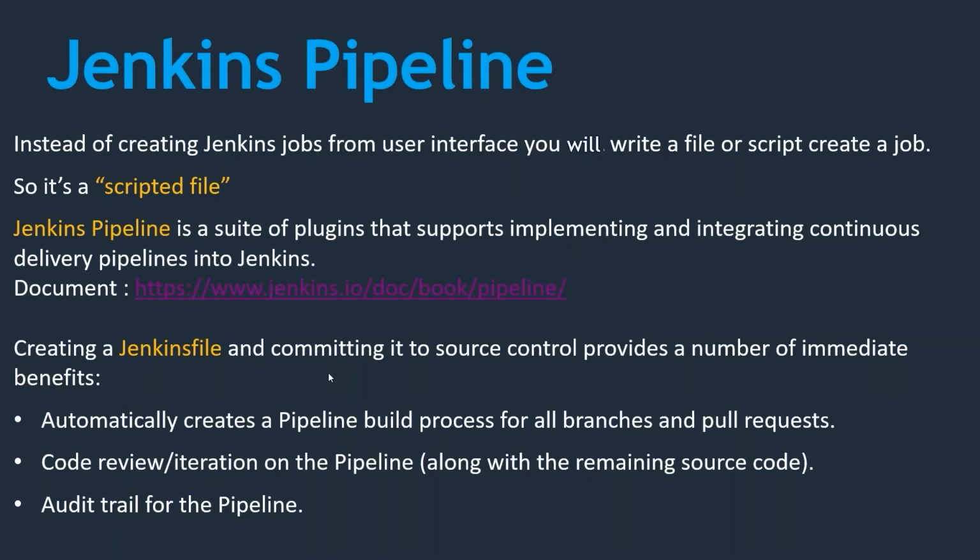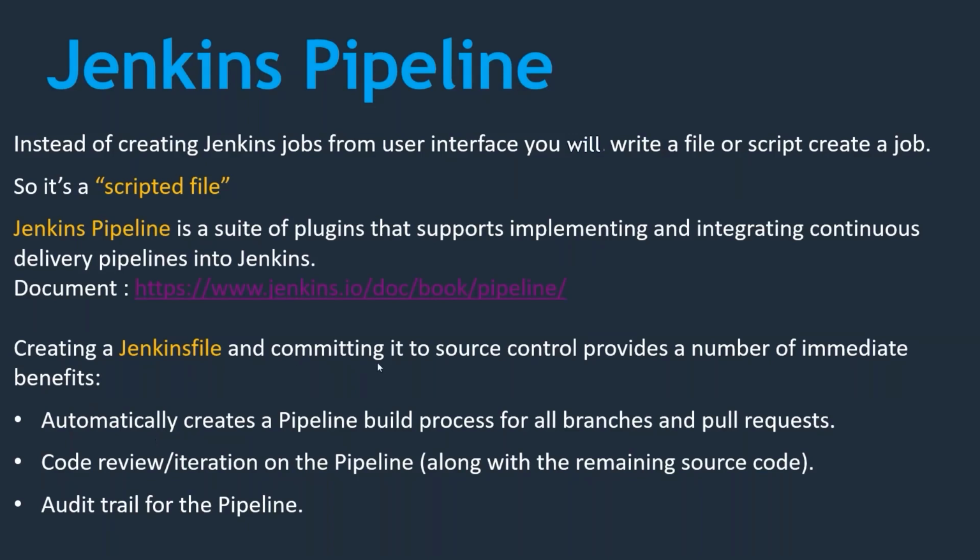You need not create your Jenkins pipeline through the GUI, where you log into Jenkins and manually create a Jenkins job. Instead, you just give the input as your Jenkins pipeline. Whenever you give your Jenkins pipeline, it takes the source code management, builds it, tests it, and deploys it. All the steps are defined in your Jenkins pipeline.